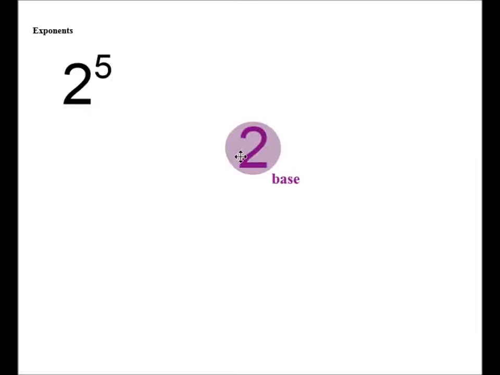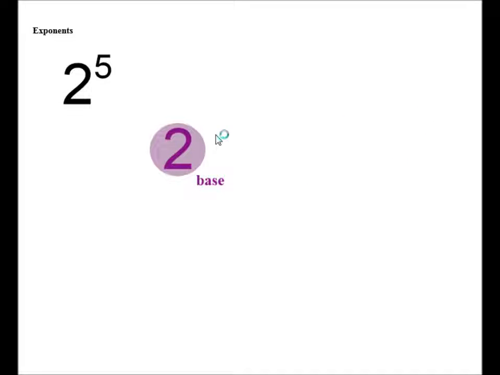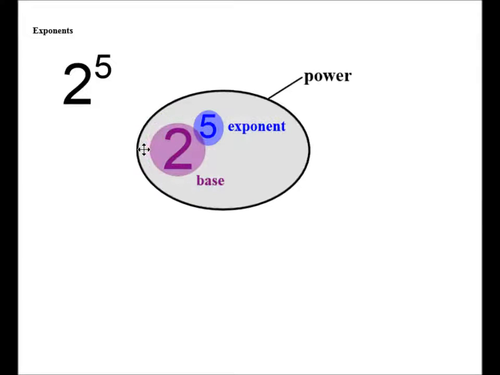Well, what are exponents? When we see numbers written like that, we are talking about exponents. The 2 is the base. The 5 is the exponent. And these two together are known as the power.